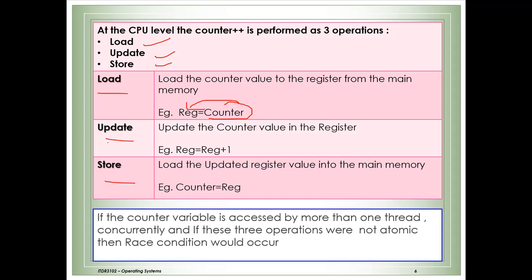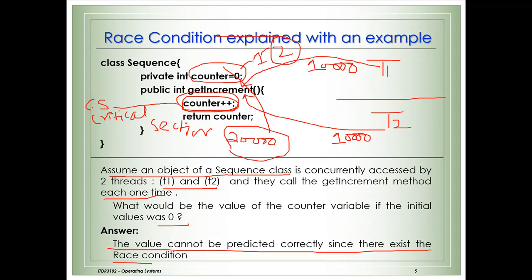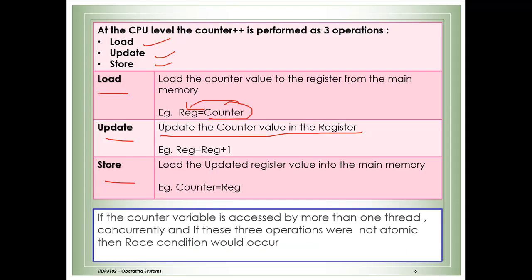Now after the value has been loaded into the register, the value has to be updated. What is the exact update operation? Counter plus plus. That means the value has to increase by one. So in the register, this update operation is taking place.